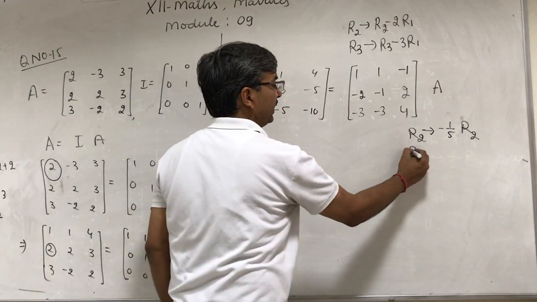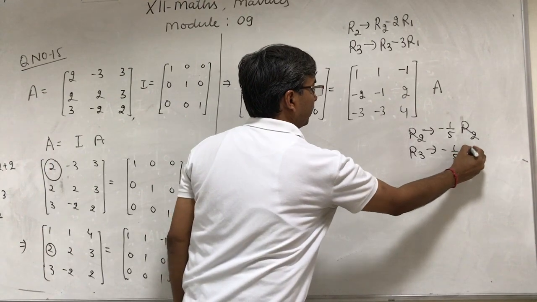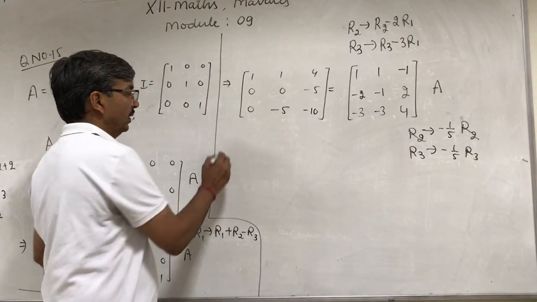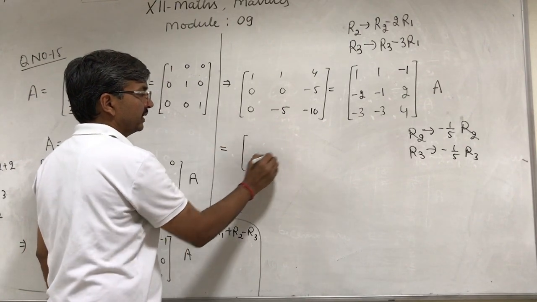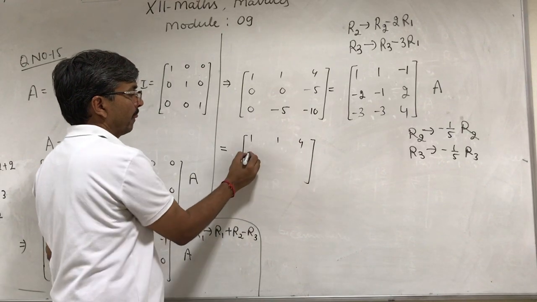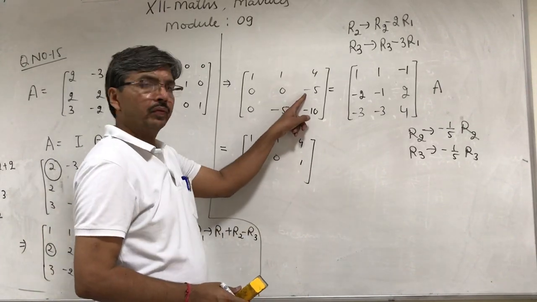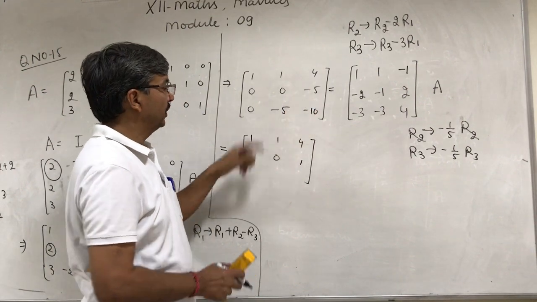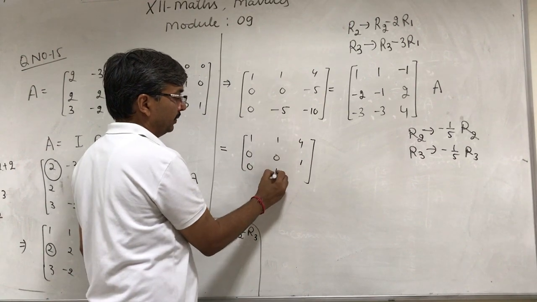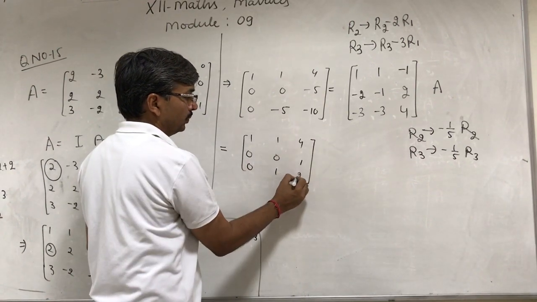And R3 change to minus 1 upon 5 R3. This will become 1. And the matrix will become 1, 1, 4, 0, 0, 1. Minus 1 upon 5 into 5, 1. 0. Minus 1 upon 5 into 5, 1. And minus 1 upon 5 into minus 10, 2.